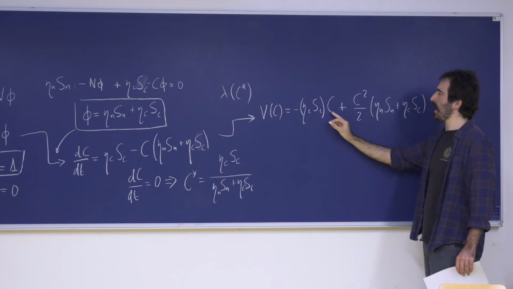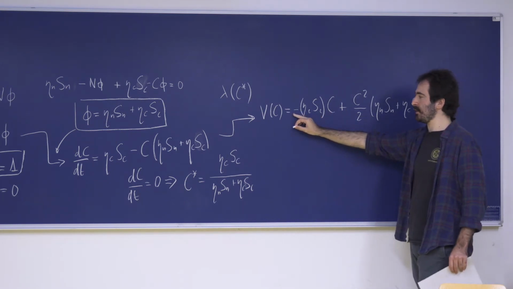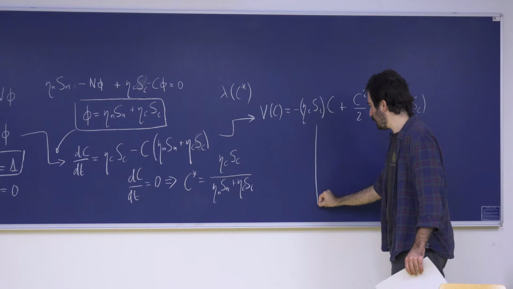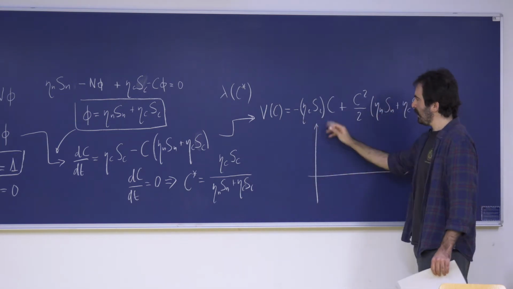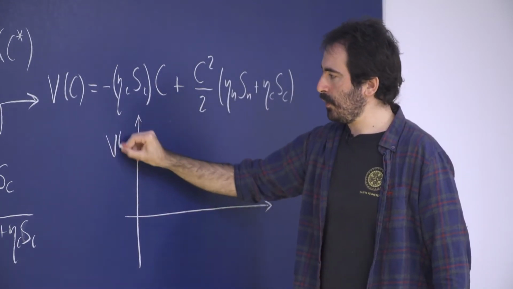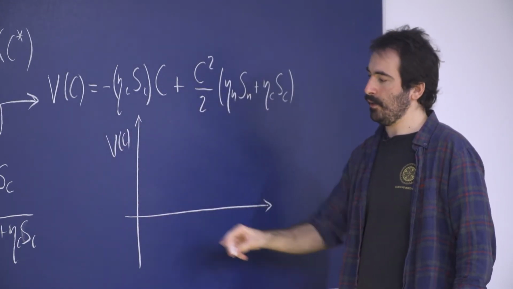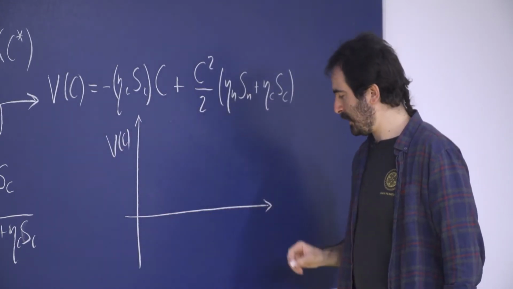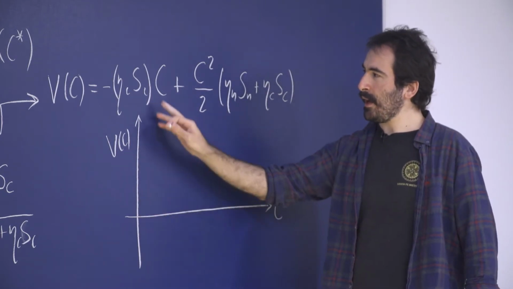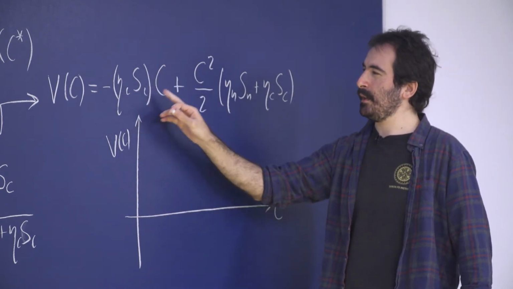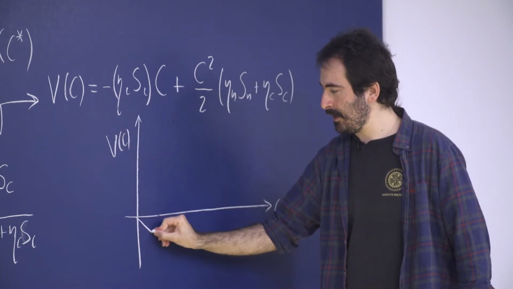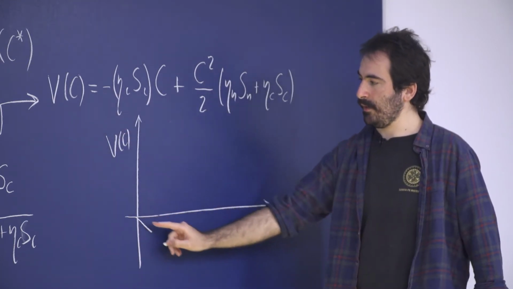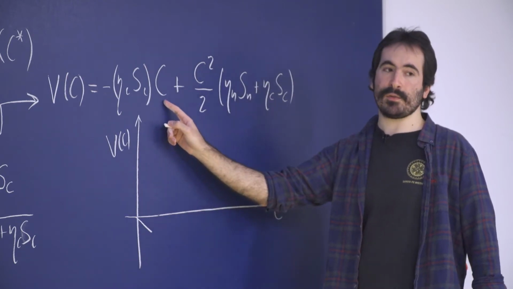So here I have a linear term with a minus sign, which means that as I want to plot this, and I am close to 0, the 0 value, that would mean no cancer in this case. What I know is that this is going to be the leading term, and this leading term actually comes with a minus sign, therefore I'm going on this downhill trajectory, at least for low values of C.